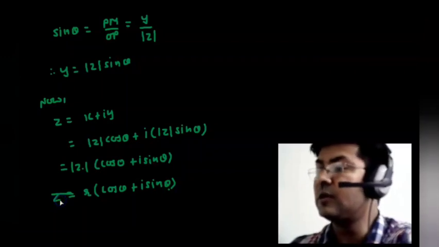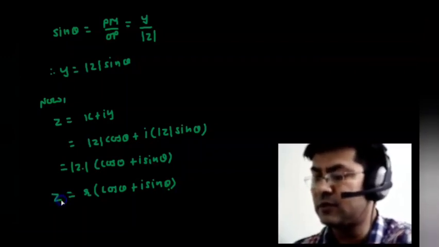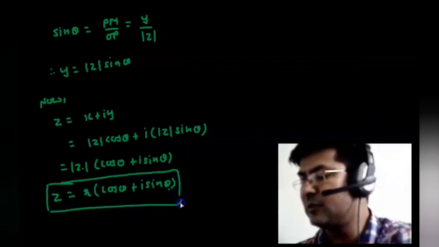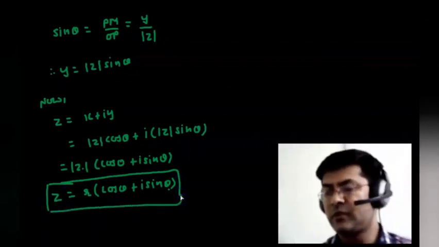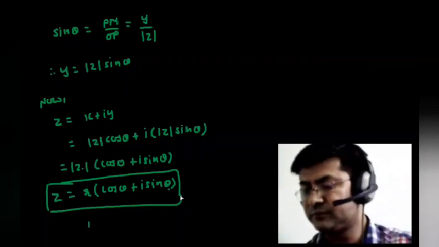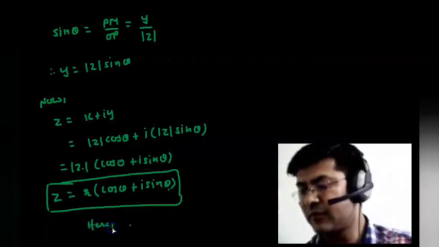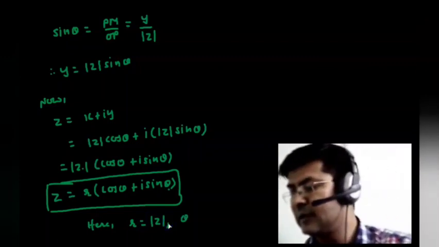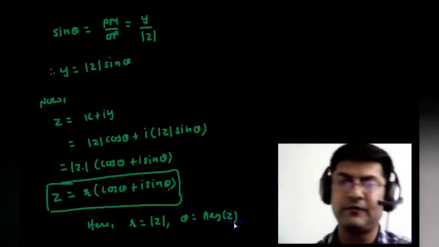Now this is called the polar form or the trigonometric form of a complex number z is equal to x plus iy. Here r is modulus of z, the magnitude of the complex number, and theta is equal to argument of z.